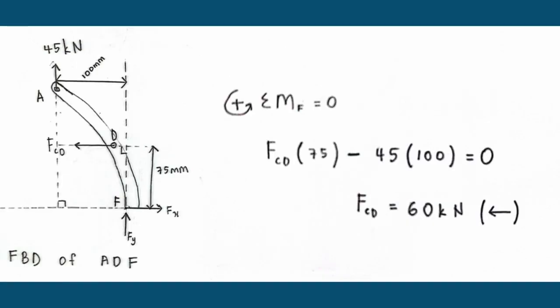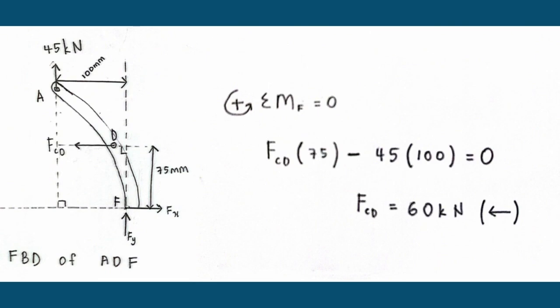Then we need to find the moment at point F equal to 0. I assume that counterclockwise is positive. So first, force FCD multiplied by 75, which is the distance between F and D, and the rotation is counterclockwise, so positive.